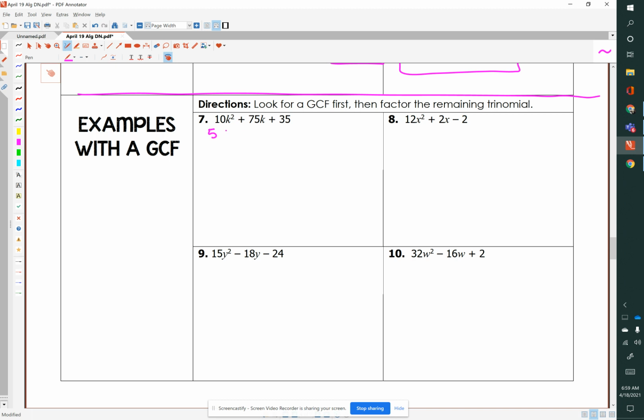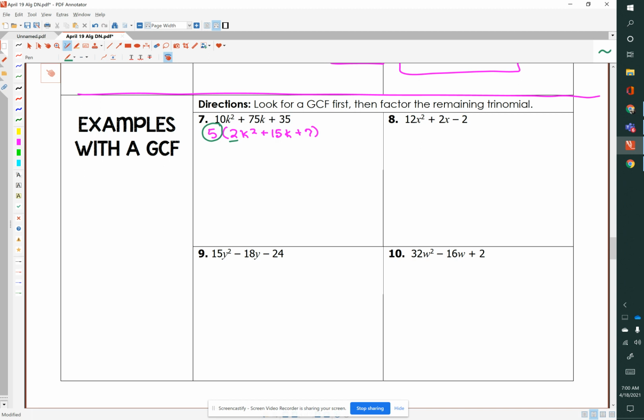So when I factor out the 5, I have 2k squared plus 15k plus 7. Okay, now I still have a leading coefficient of 2 in the trinomial. For the next couple minutes, we're going to ignore what we factored out and work with the trinomial 2k squared plus 15k plus 7.